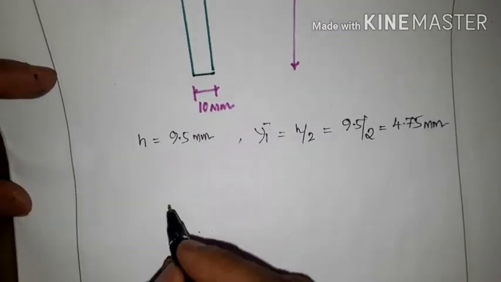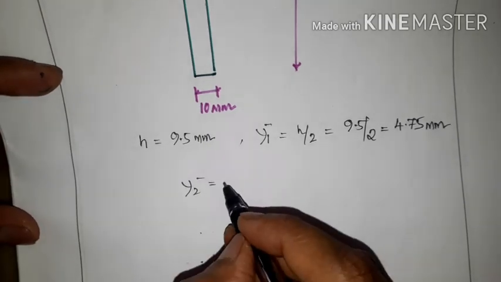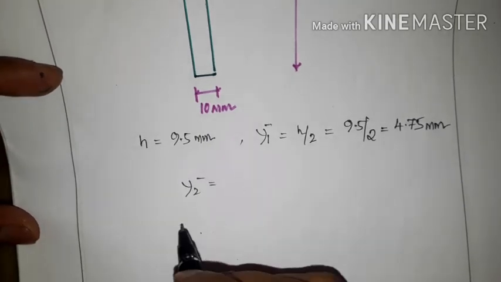Now y2 bar. Again we have to use a1 y1 plus a2 y2.